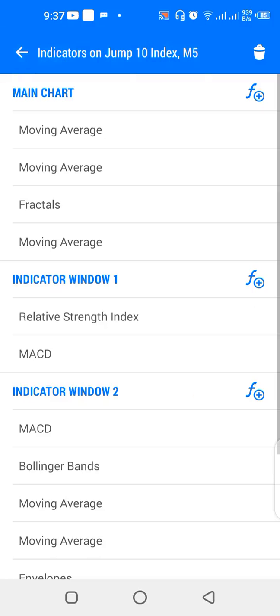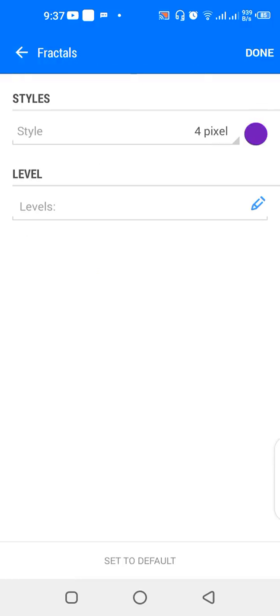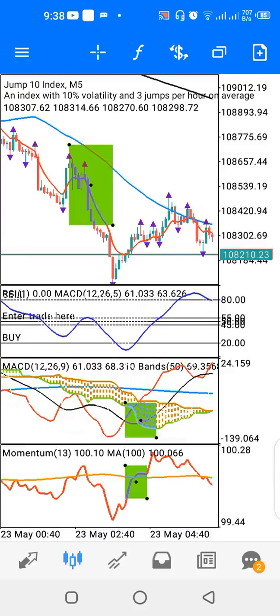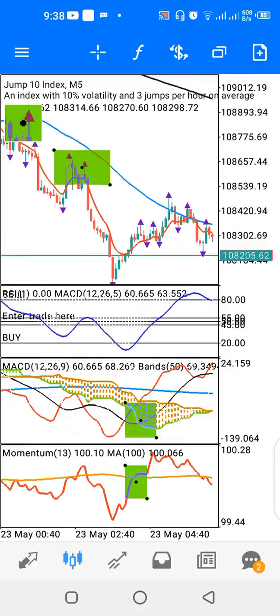Okay. Now I also have fractals. Fractals are for identifying the support and resistance zones on the main chart. Now, if the fractal arrow is pointing upwards, let's go to the main chart. Like we have the 2 fractal arrows right here pointing upwards.